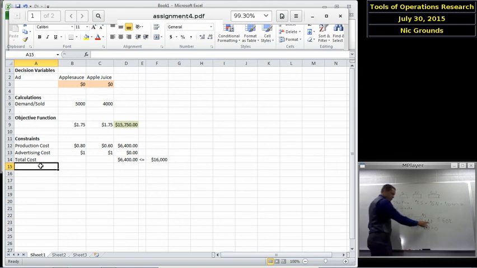Multiply the denominator over, subtract things across, you should get 0.8 applesauce minus 0.2 apple juice has to be greater than or equal to 0. And similarly, the second constraint you can do, let's say 0.4 applesauce minus 0.6 apple juice, okay, is less than or equal to 0.